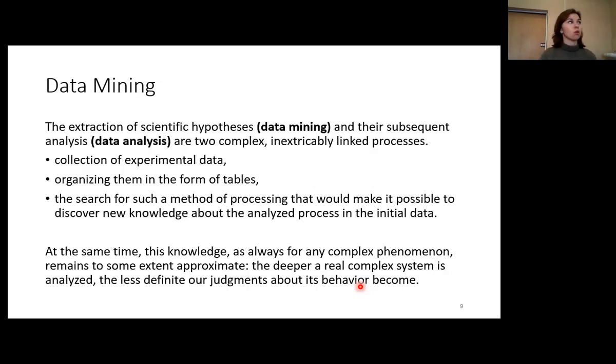The extraction of scientific hypotheses and their subsequent analysis are too complex processes. You collect your data, organize it into some tables, and you may see that it's not so easy to organize your data. That's actually a problem.